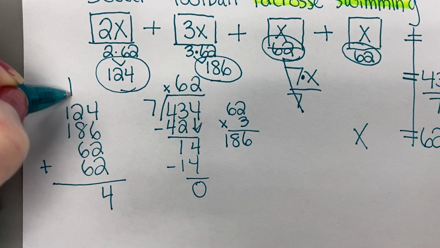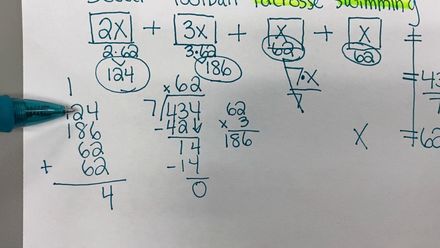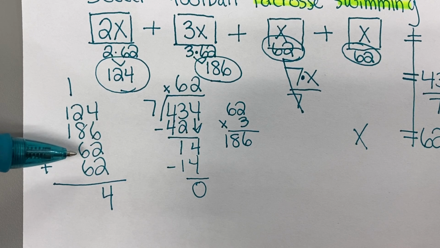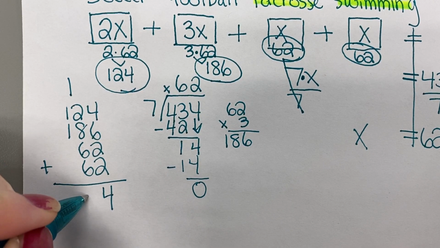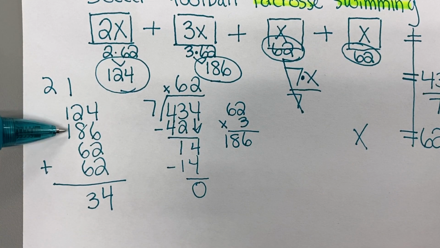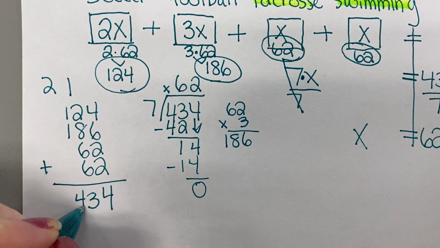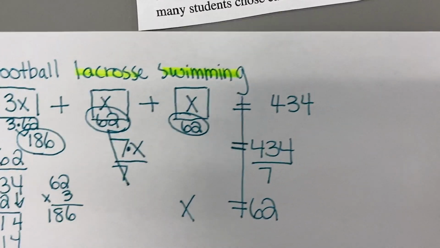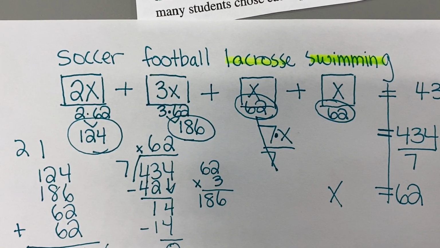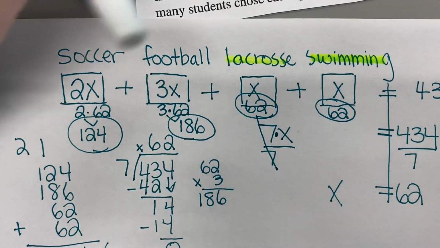Carry the 1. 1 plus 2 is 3. 3 plus 8 is 11. 11 plus 6 is 17. 17 plus 6 is 23. Carry the 2. 2, 3, 4. And see how that checks out? 434. 434. And that, my friends, is how you do a word problem with some algebra.